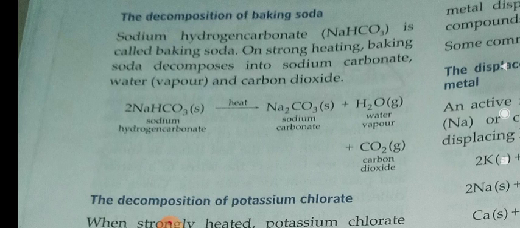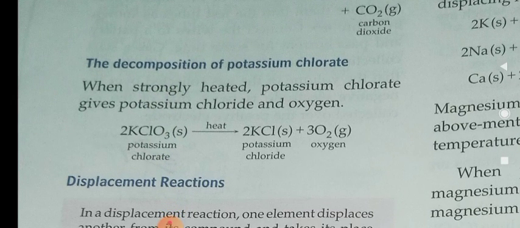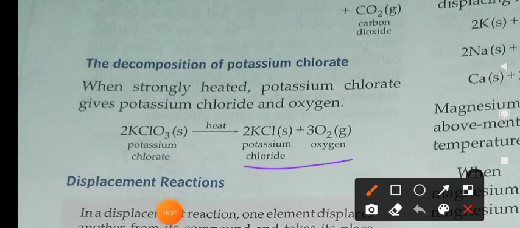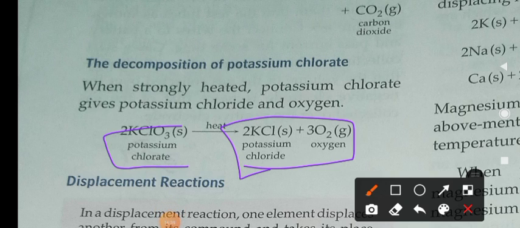The next decomposition reaction is potassium chloride on being heated. What happens? Potassium chloride will be formed, and oxygen also. So one molecule broke down into two simple molecules, and we call it a decomposition reaction. Did you understand what decomposition reactions are? Hope you have understood well.